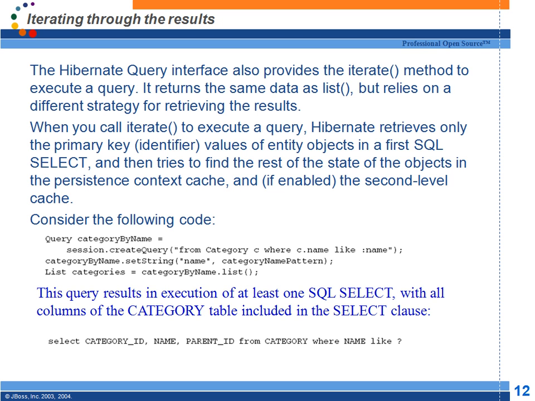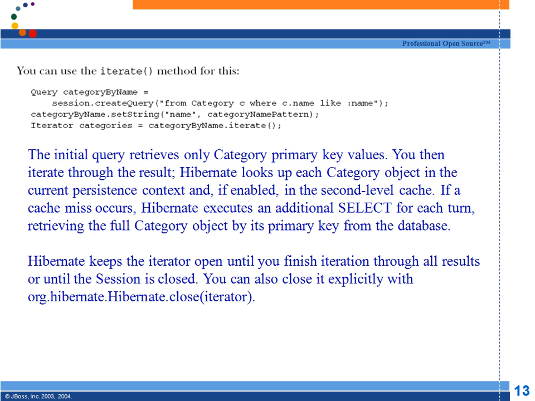Yes, right. But instead of that, let us see another strategy. Instead of saying query dot list, I can say query dot iterate. Once I say query dot iterate, it will fire a query which will fetch only the primary keys of the qualifying rows. It will fetch only the primary keys, right?